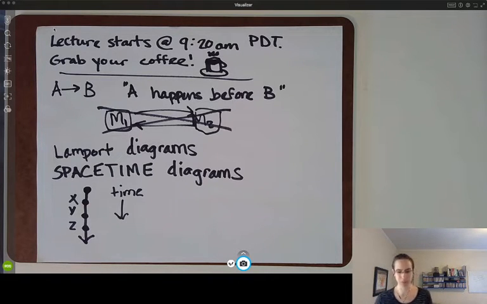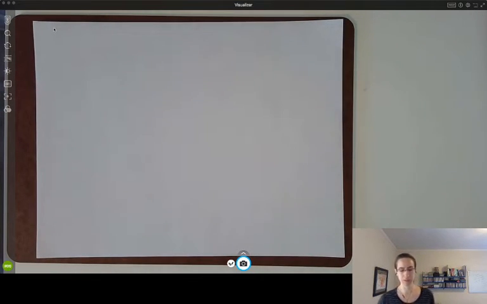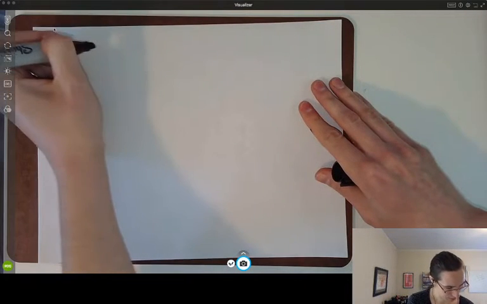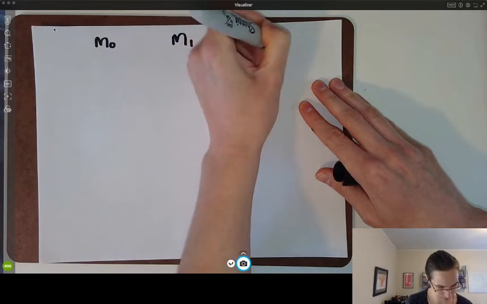Because we don't have just one machine, we have multiple machines. So let's make this a little more interesting. Instead of just one process line, let's have more than one. Let's say we have machine 0, machine 1, and machine 2.